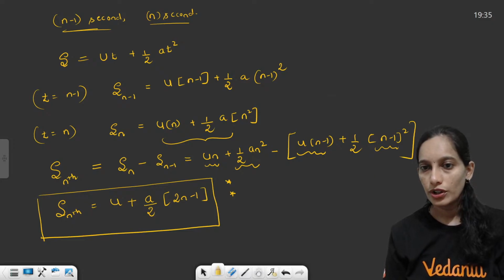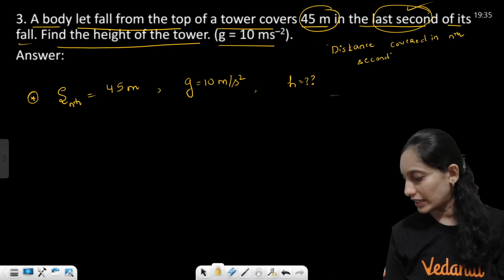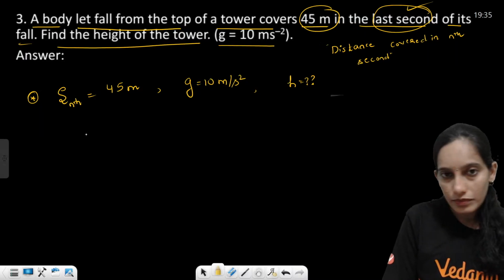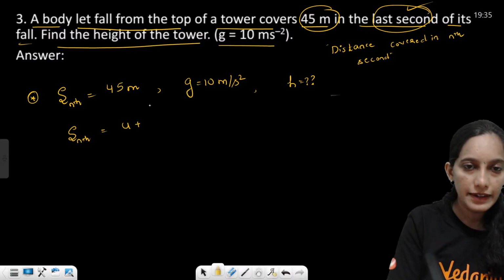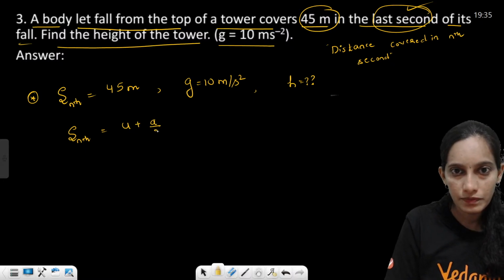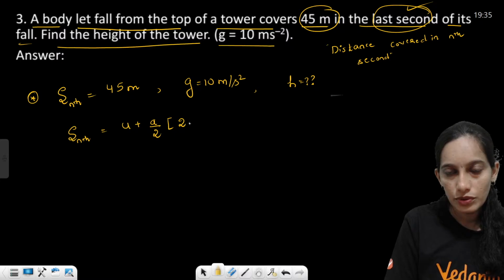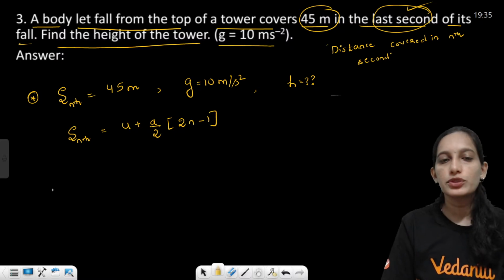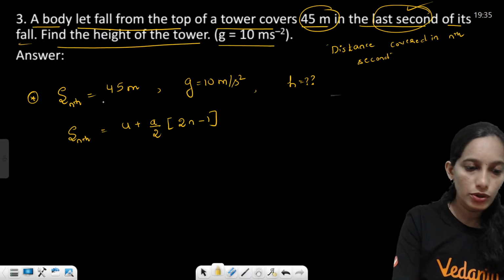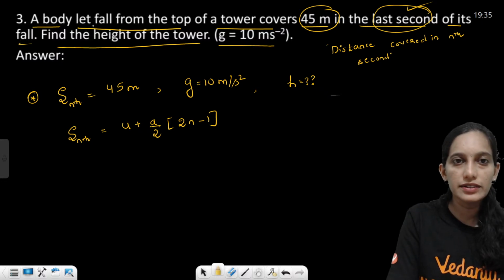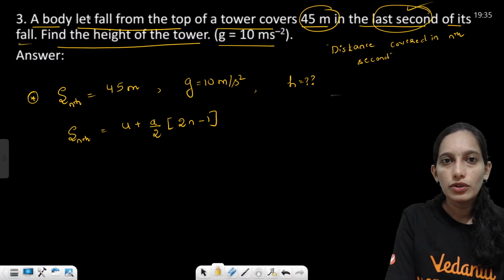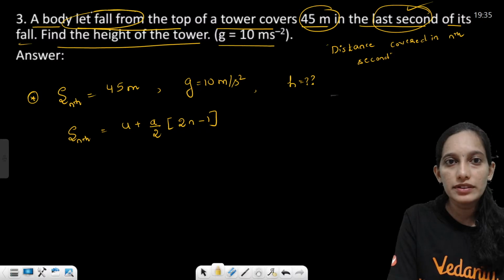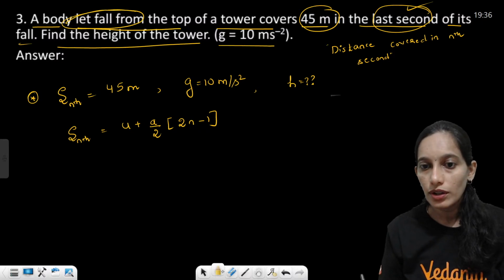So what we will do is use Snth is equal to u plus a by 2 into 2n minus 1. Here there is one more important fact, which I forgot to tell you.